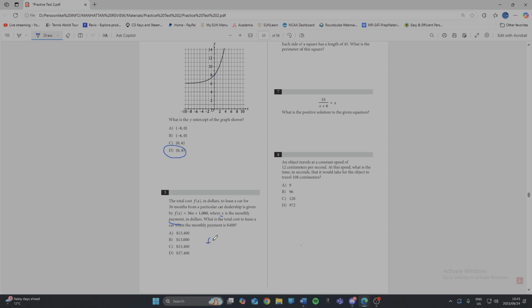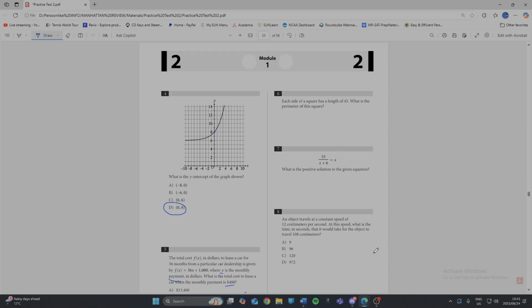So we would have 36 times 400 plus 1,000, because as it states there, x is the monthly payment, which is $400. Okay, and if I put this into my calculator, 36 times 400 plus 1,000 gives me 15,400. So C would be the correct answer.